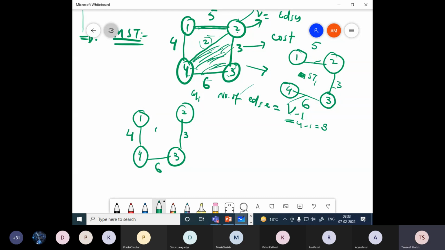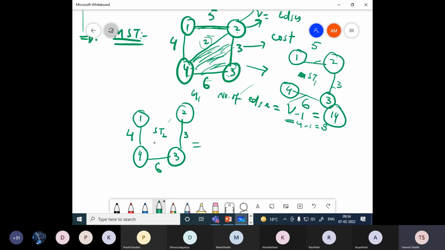This is also a spanning tree of the original graph, ST2, because the total number of vertices is the same, there is no closed path, and the total number of edges is equal to the total number of vertices minus 1. If we see here, the total cost was 5 plus 3 plus 6, that is equal to 14.